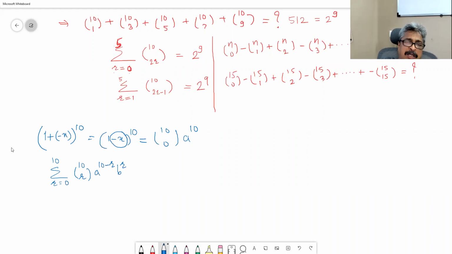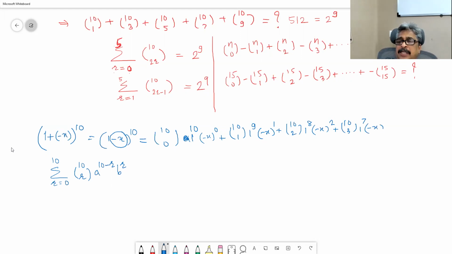Okay, so a is 1, so you can write 1 raised to 10 and minus x raised to 0 plus 10 choose 1, 1 raised to 9 minus x raised to 1 plus 10 choose 2, 1 raised to 8 minus x raised to 2 plus 10 choose 3, 1 raised to 7 minus x raised to 3 plus dot dot dot plus 10 choose 9, 1 raised to 1 minus x raised to 9 plus 10 choose 10, 1 raised to 0 minus x raised to 10.